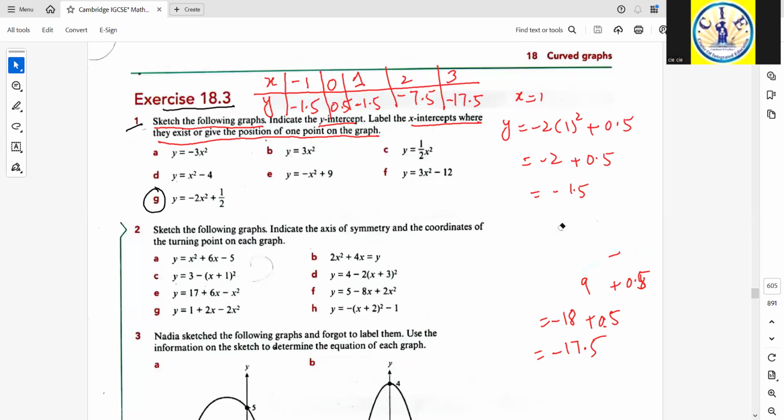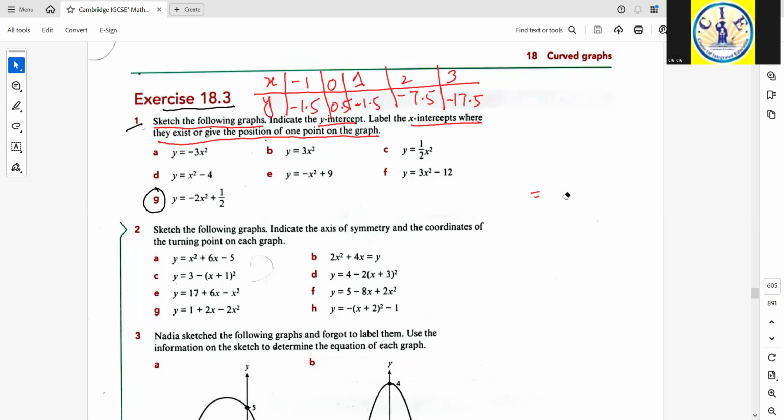Now, to sketch the graph, first of all, since it is required in the question, we need to indicate the y-intercept. Let me calculate the y-intercept. The y-intercept is the point where x equals 0.